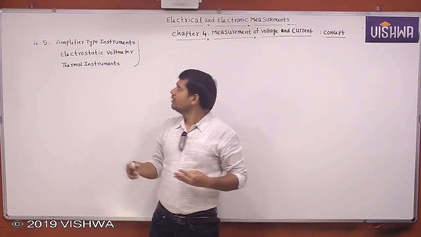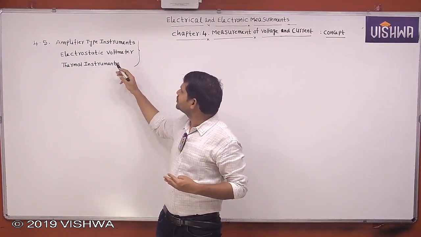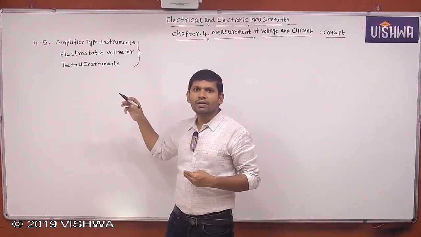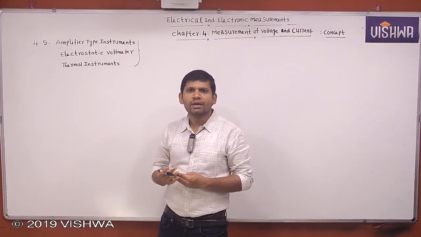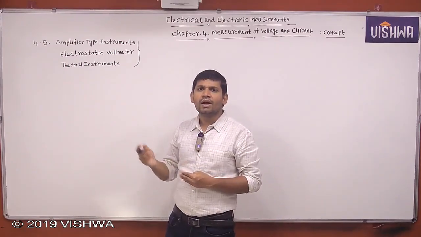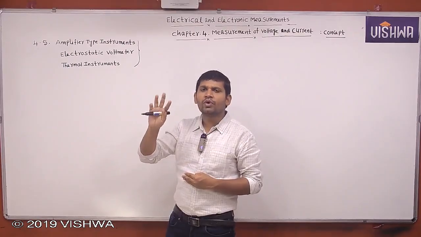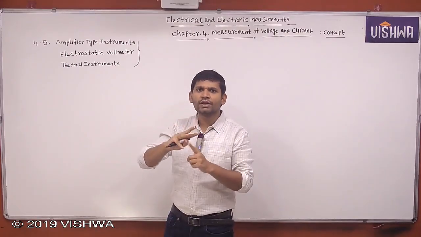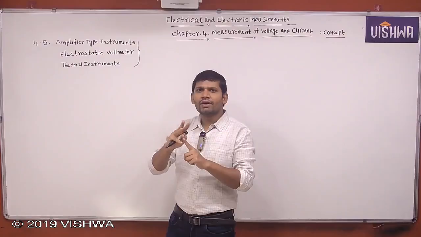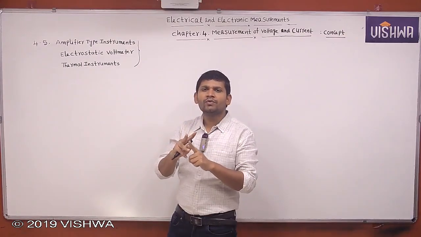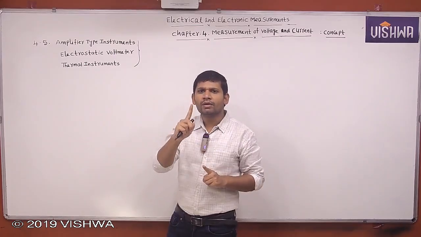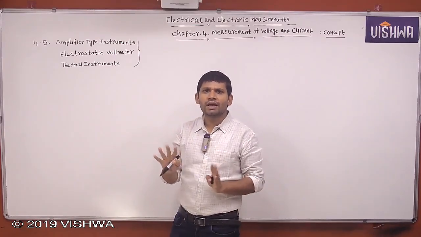In the next session, based on the amplifier type instrument, electrostatic voltmeter and thermal instrument, we will solve some classroom workbook questions, including EDM instrument and 4.3, 4.4 and 4.5. I have given classroom workbooks only up to 4.2 till now. For 4.3, 4.4, 4.5, in one session I will discuss that classroom workbook.